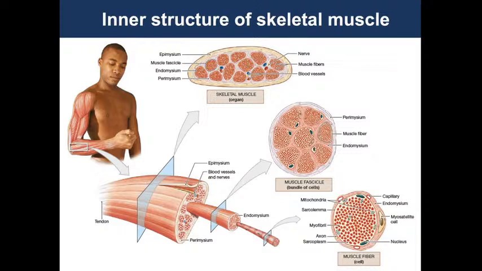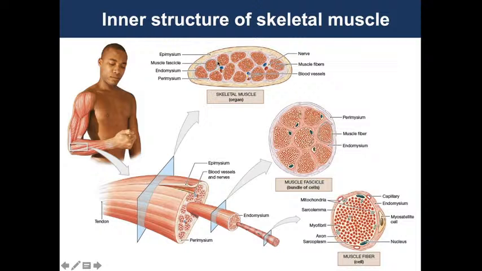What is the inner structure of skeletal muscles? Let's see. Each skeletal muscle is a separate organ composed of tens of muscle fascicles. If we take one muscle and cut it like here, you can see inside a couple of tens of muscle fascicles.